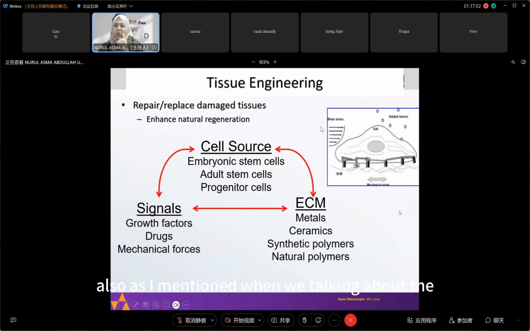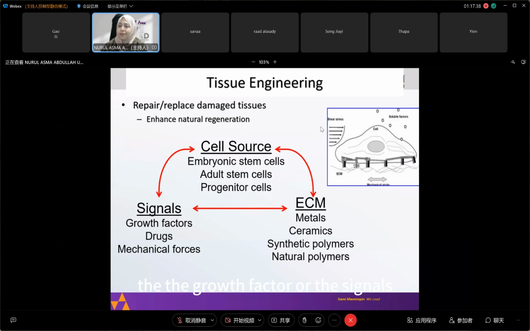And also, as I mentioned, when we talk about the regeneration of tissue, most of the time it will apply tissue engineering methods, the tissue engineering approach. In tissue engineering, the main aim is to replace or repair the damaged tissue with the help of three factors. First, the cells, either somatic cells or stem cells.